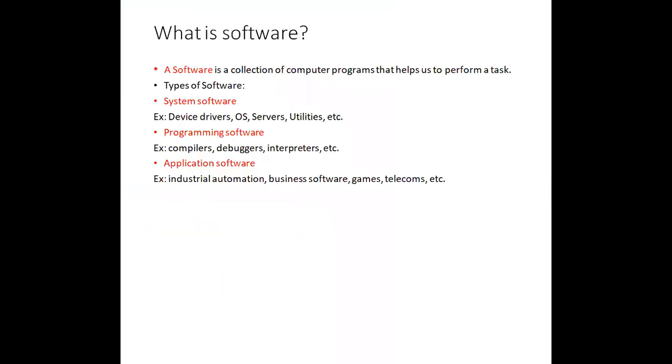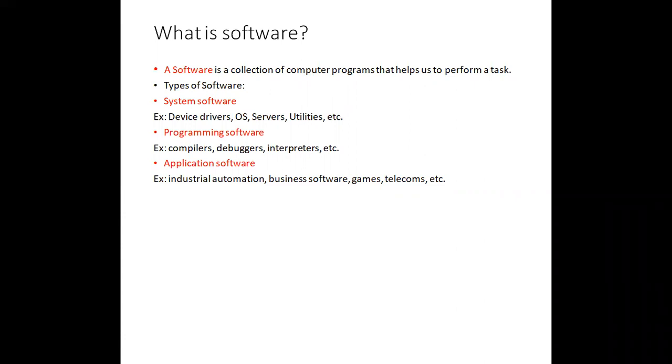So generally, what is software? Software is a collection of programs that helps us perform a task. It is like a collection of commands which we provide to the computer. Nowadays we are using mobile phones, and on the mobile phone we are giving instructions, generally using Instagram or WhatsApp.